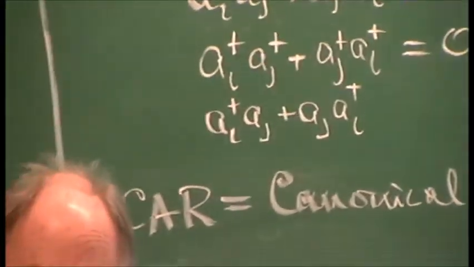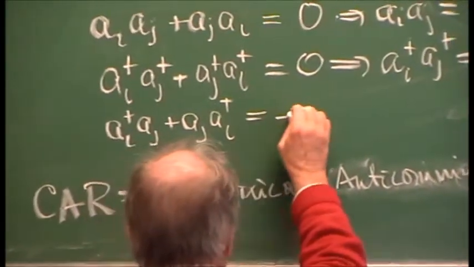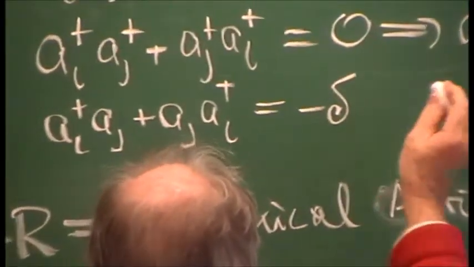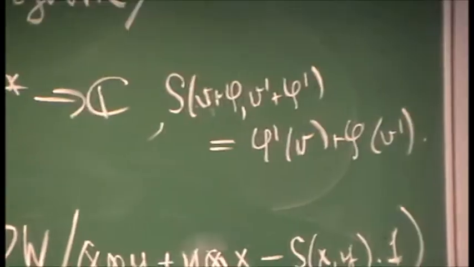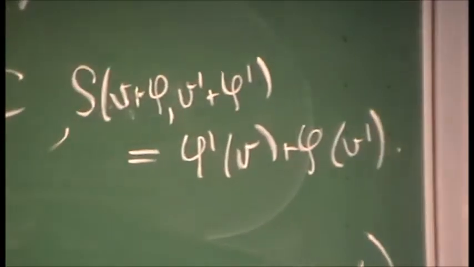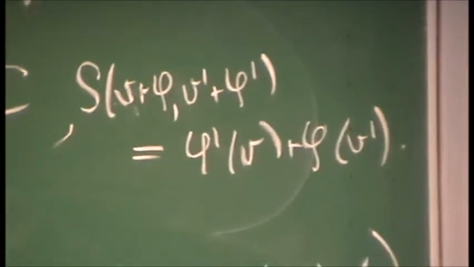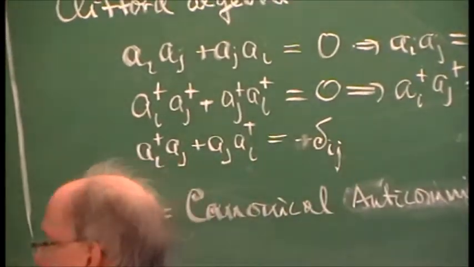The sign convention has to be the same, I hope. It should be equal to delta_ij with minus. No, plus. Now is it plus? Well, you can't make a mistake on this one. Everything is plus here. Okay, fine, thank you. Okay, so you see it's anti-commutative up to a vacuum.